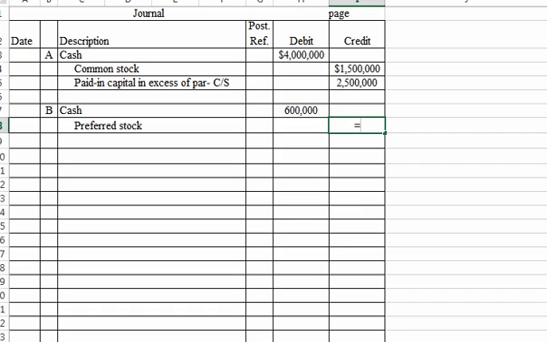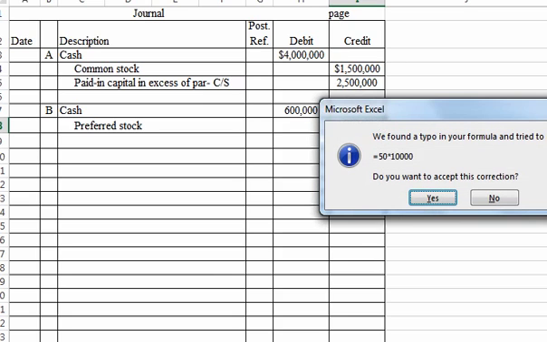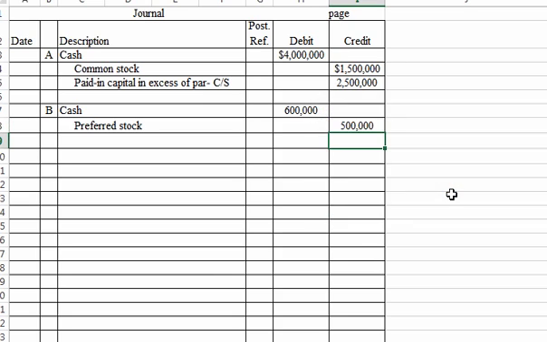Okay, we will place preferred stock on the books though at its par value. The par value there is $50 times the number of shares issued, 10,000. We're going to credit preferred stock for 500,000.